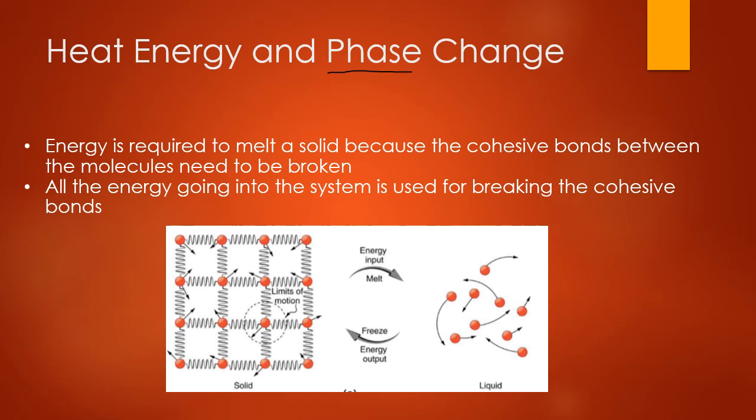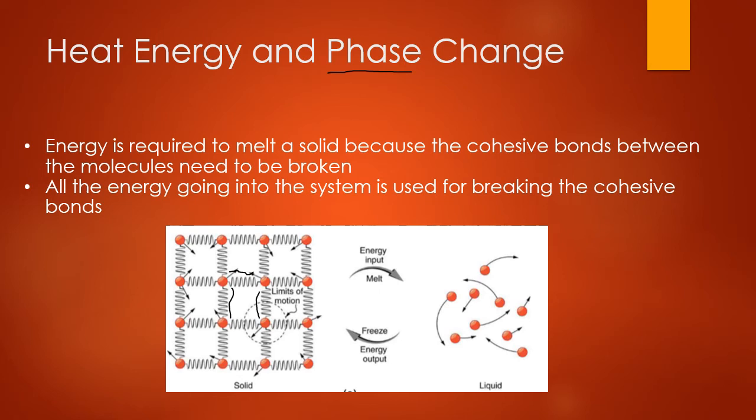So energy is required to melt a solid, more specifically heat energy. Because when you look at a solid, as you can see in the diagram below, the solid has little cohesive bonds, these little zigzag lines that you're seeing. And these cohesive bonds are holding the molecules together so that it stays a solid, so that it's not flowing, so that the molecules don't move.